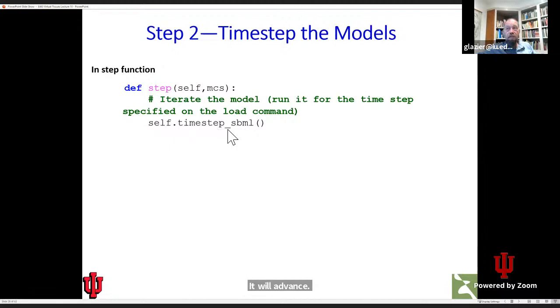So self.timestepSBML will advance all of the SBML models, free floating or inside of cells, however many you have, by one Monte Carlo step's worth of time. And so that's a simple function.